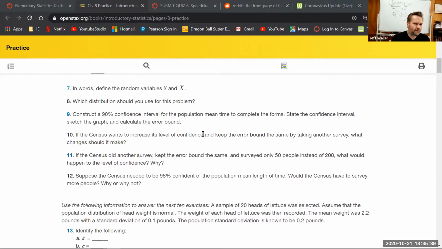So you can look at that mathematically. So let me say this again, just to get everybody in the right frame of mind. This wants me to keep the error the same, but it wants to increase how confident I am that my interval catches something. So there's something I can change to make that happen.